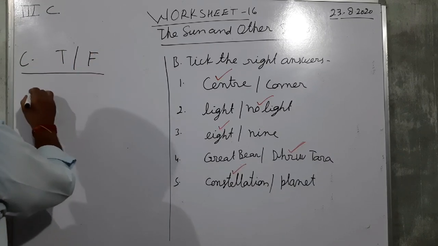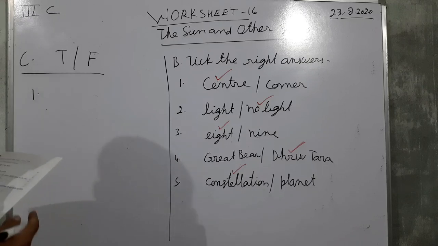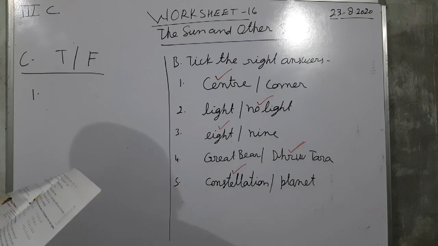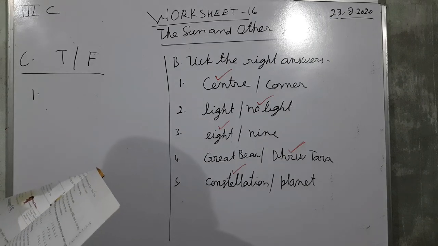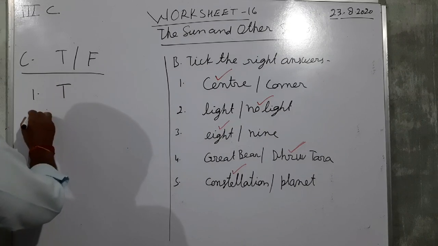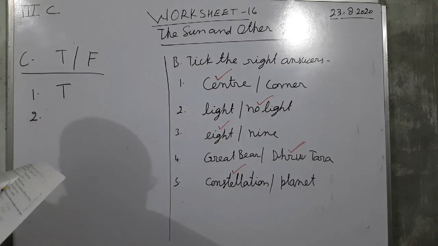First, the sun is a star. This is true or false? This is true. The sun is a star. And second, you see, the sun revolves around the earth.